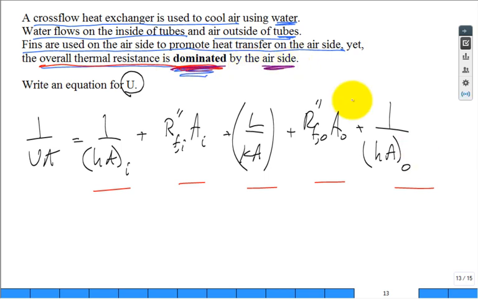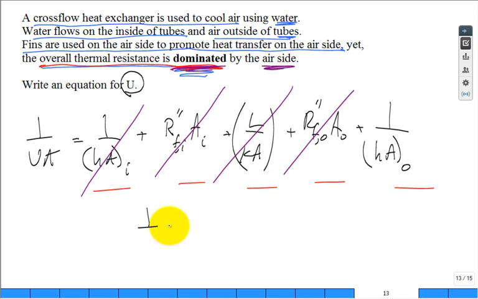It's the air side, not the fouling on the air side, not the conduction, not the fouling on the water side, not the water side. And so what I was trying to get you to do is 1 over UA is equal to 1 over h on the air side area. Or you can get rid of the areas. It's all dependent on the h on the air side.